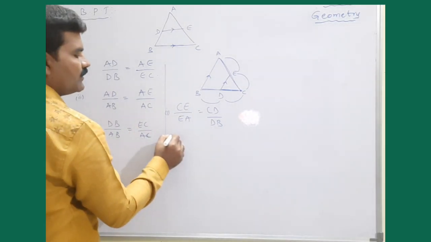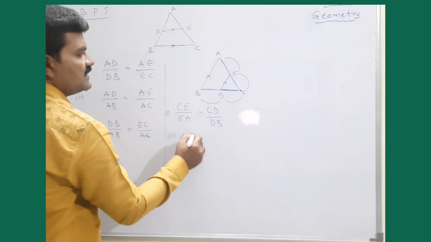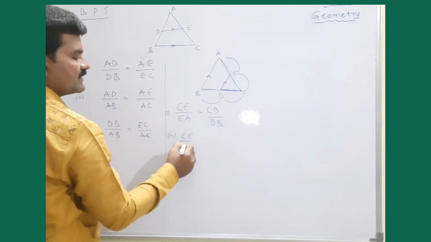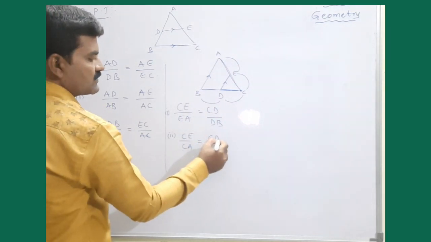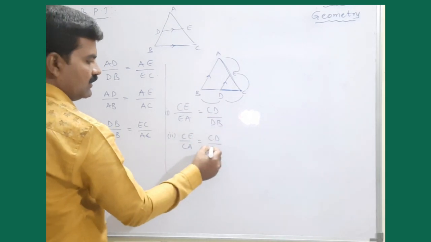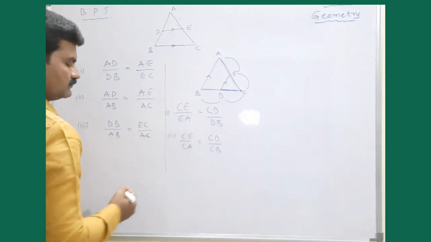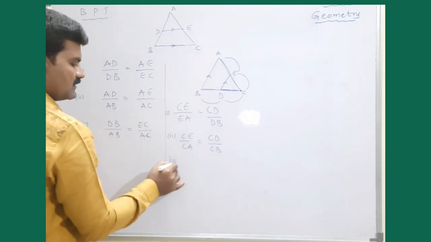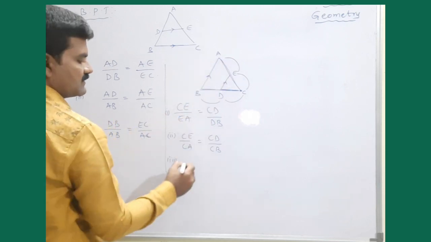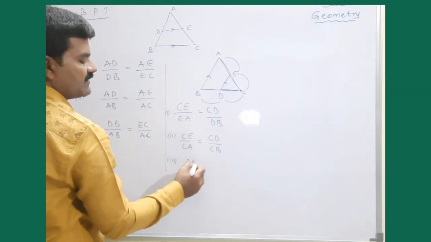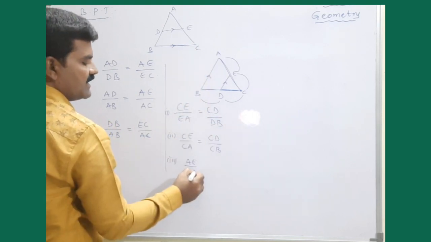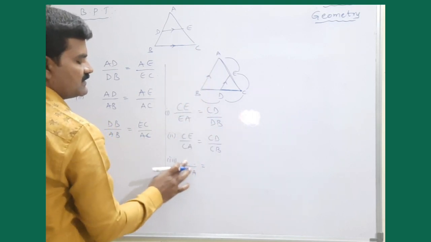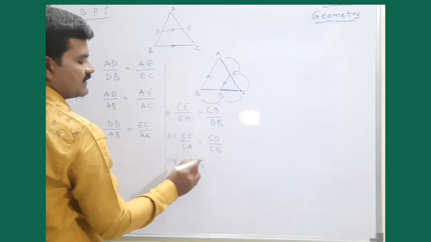Or else what we can take, CE by entire length CA, or AC, can be equal to CD by the whole length CB. Or else second part, AE or EA by entire length CA, better even this you can consider as EA.